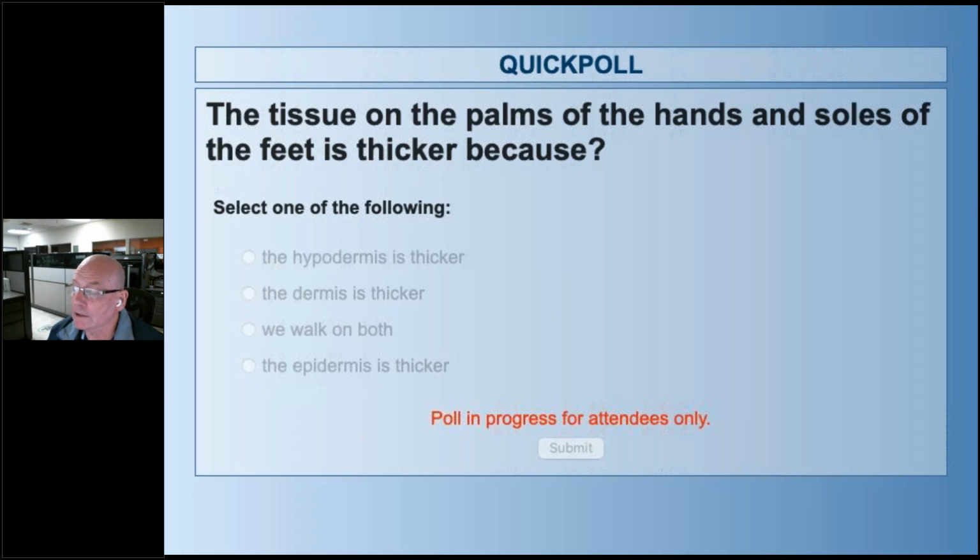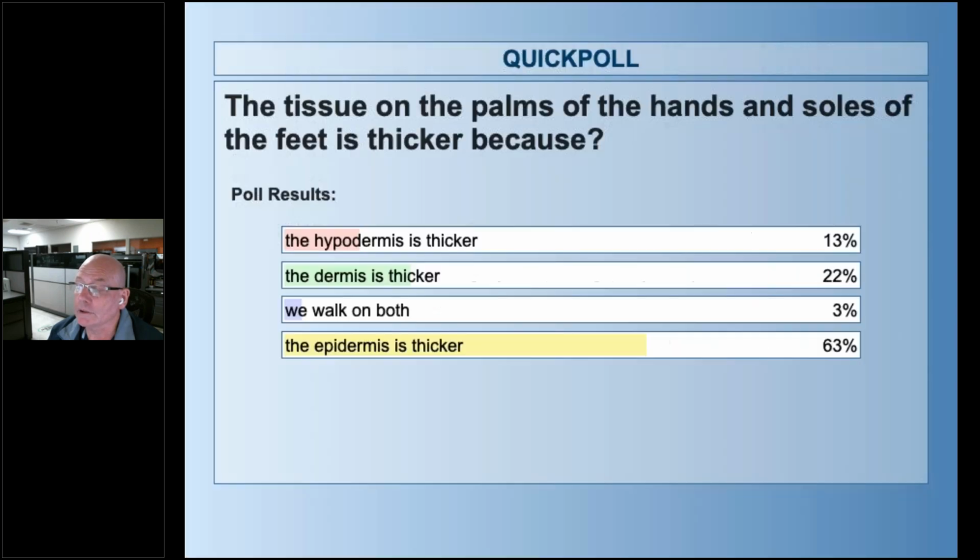Last 3 seconds. One person, there you go. All right, so this one, not such an overwhelming answer. The hypodermis 13, dermis 22. We walk on both. I'm not sure why somebody picked that one.